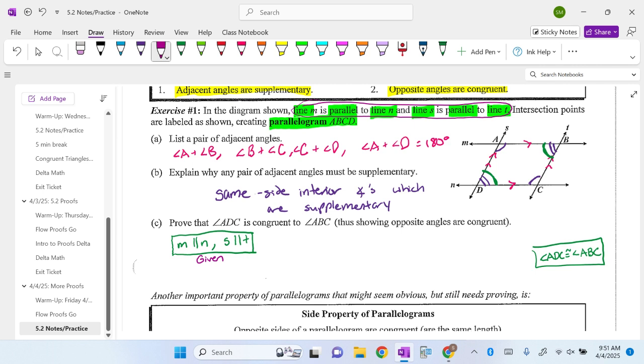Now, our other statement is that ABCD is a parallelogram. And again, that was given to us.